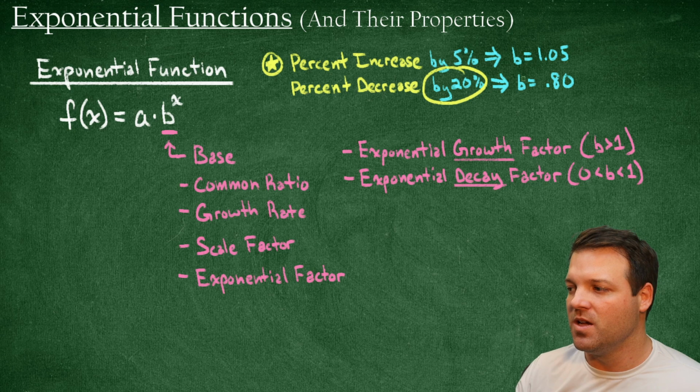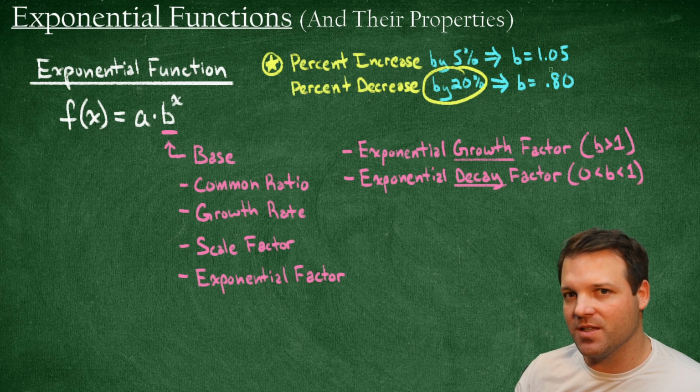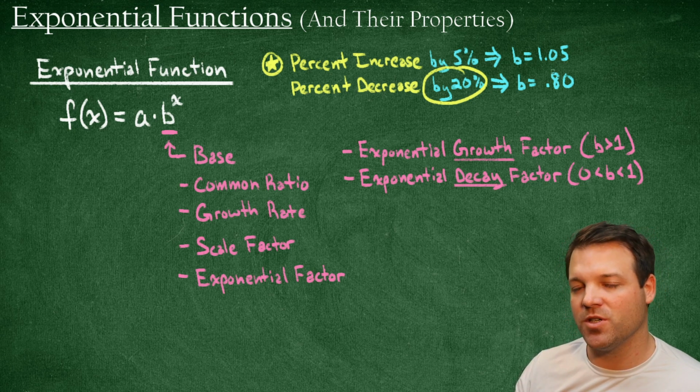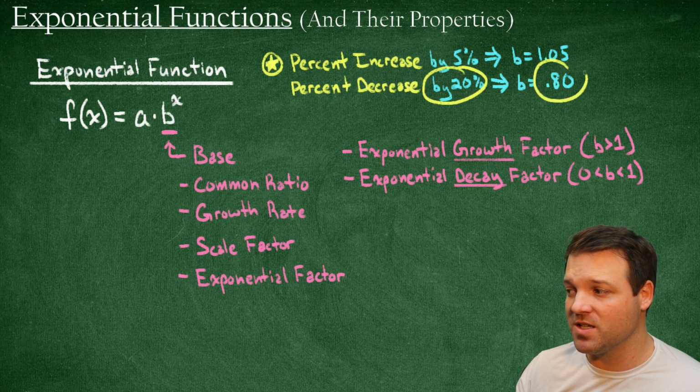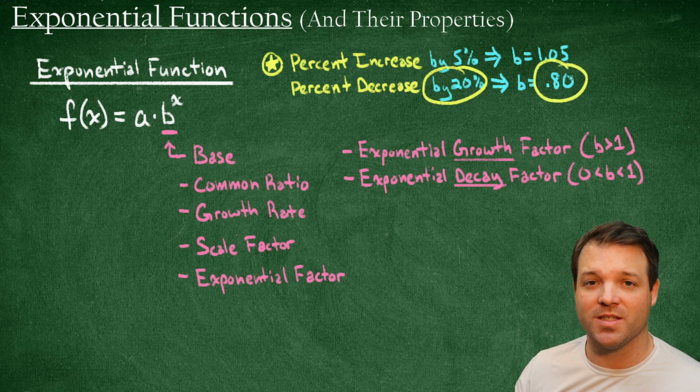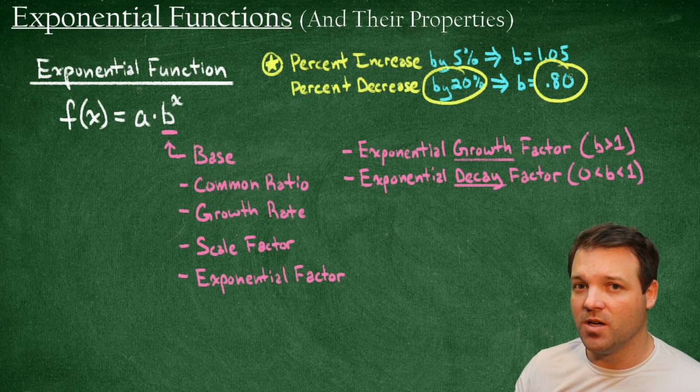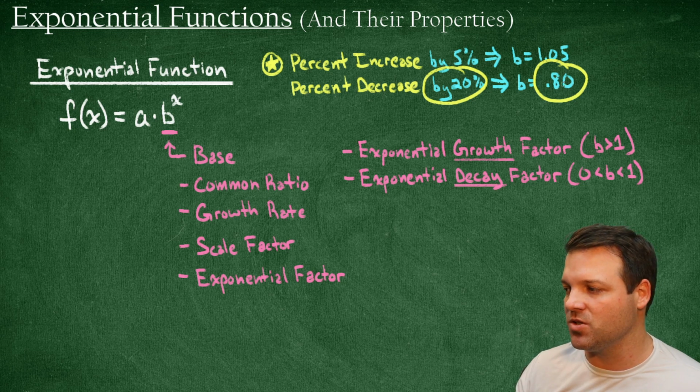What does that mean? Well, as far as a b value goes, remember, we started at 100%. If we're decreasing by 20%, then every subsequent minute we are going to be at 80% of what we previously were. So in this case, the b value would be 0.8, when we convert 80% into a decimal.